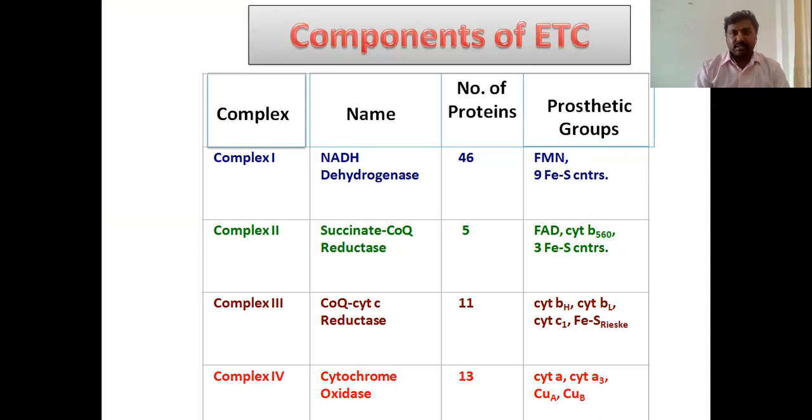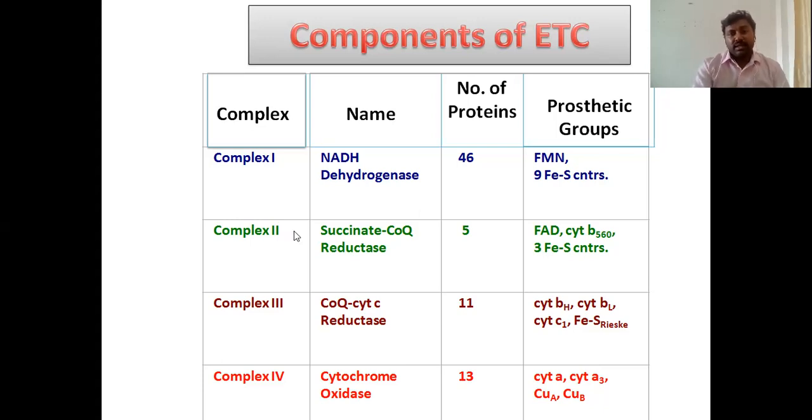These components are divided into 5 complex enzymes: complex 1, complex 2, complex 3, complex 4, and complex 5. In the first 4 complexes, the transfer of electrons happens. In the fifth, complex 5, the ATP is synthesized.